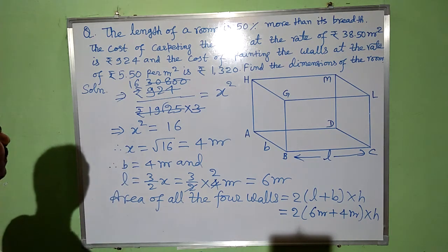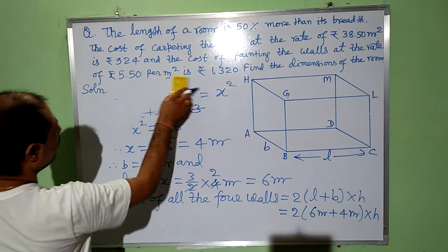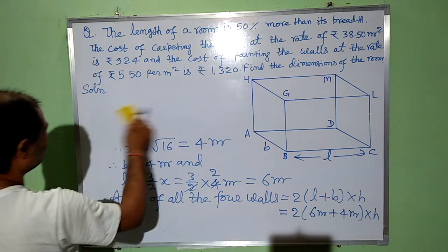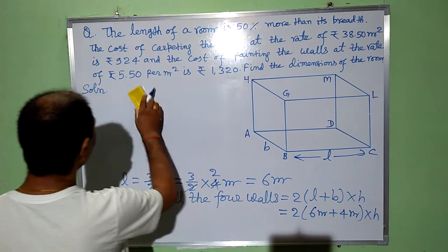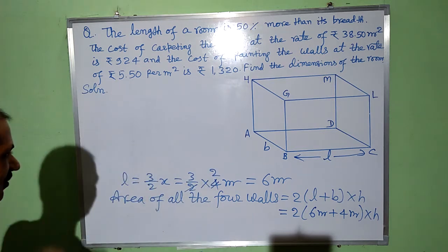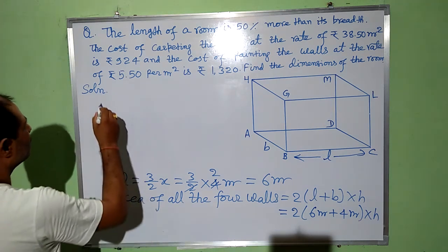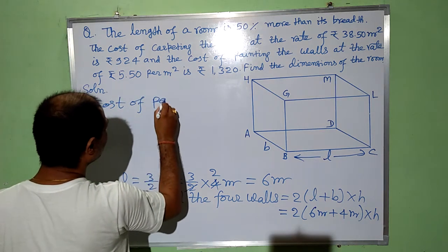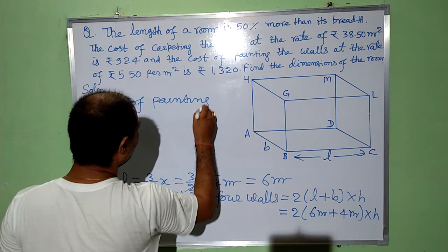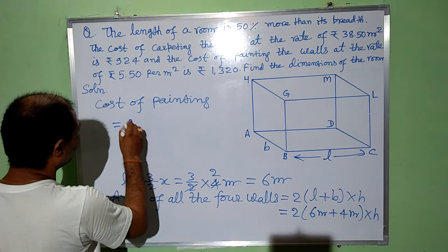Now area is obtained. Rupees 5.50 per square meter. Area is obtained. Cost is also given. L is known, B is known. We have to find H. Cost of painting of all the 4 walls will be rate into area.